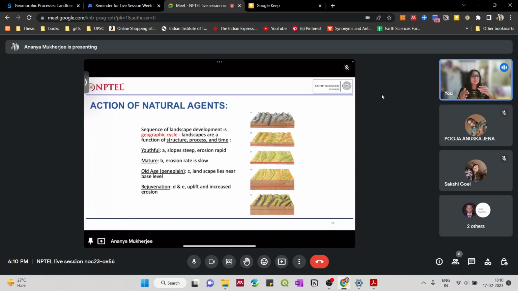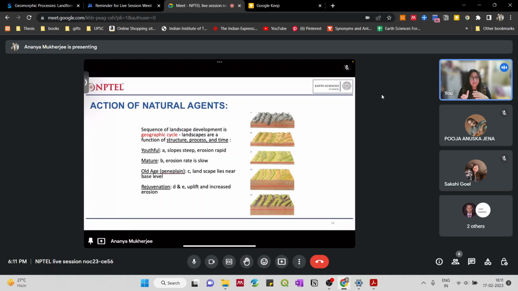It is a sudden change in either the already present structure, or a sudden change in the kind of process that is taking place, or with respect to time, maybe there is a very sudden drastic input, or the time taken for a certain process decreases. That stage would be rejuvenation.